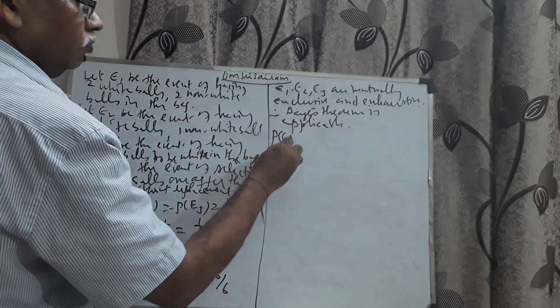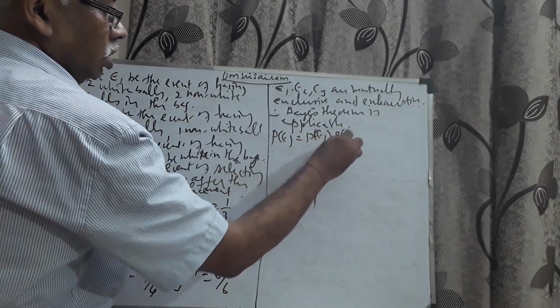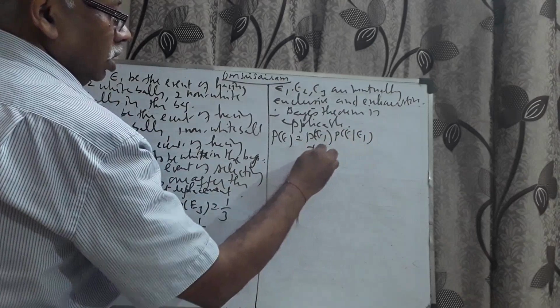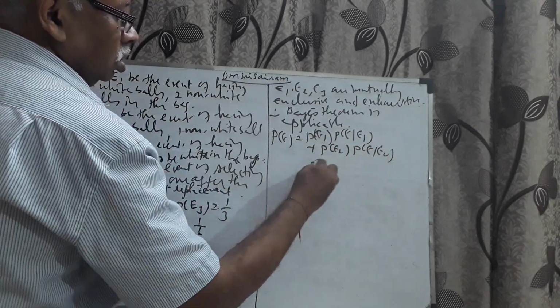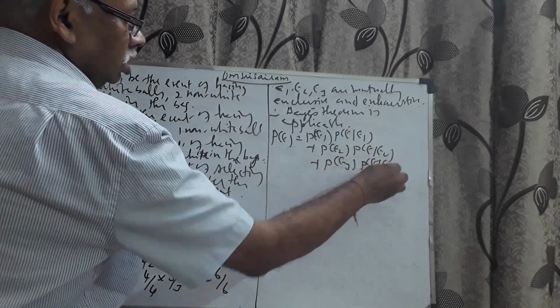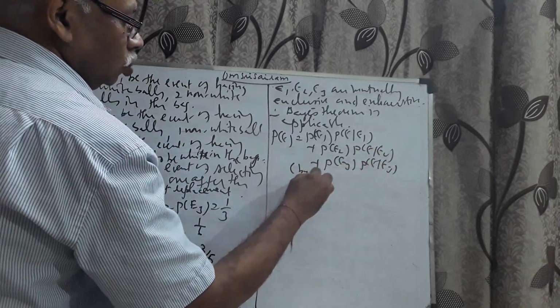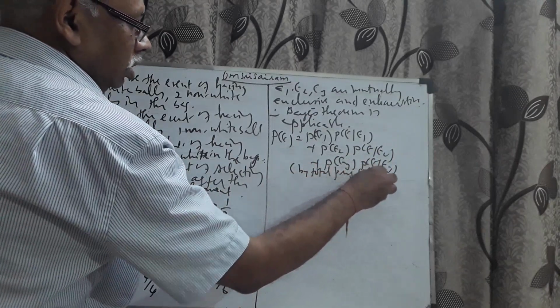Now, P of E is equal to P of E1 into P of E given E1 plus P of E2 into P of E given E2 plus P of E3 into P of E given E3. This rule is called the total probability theorem.